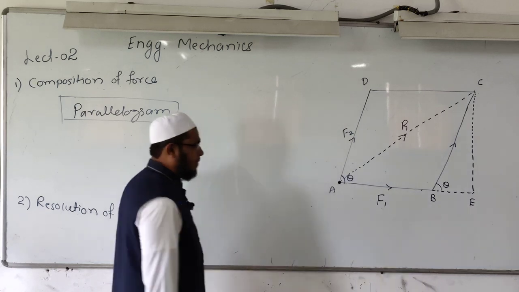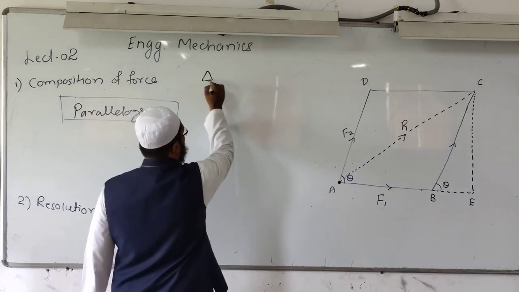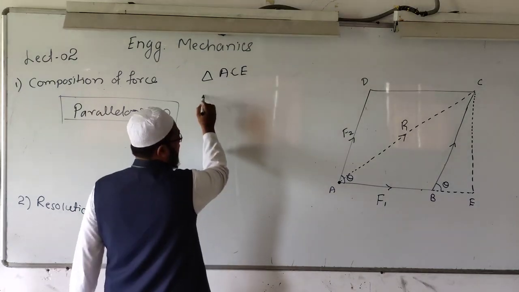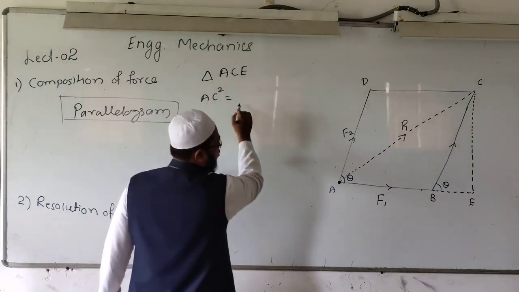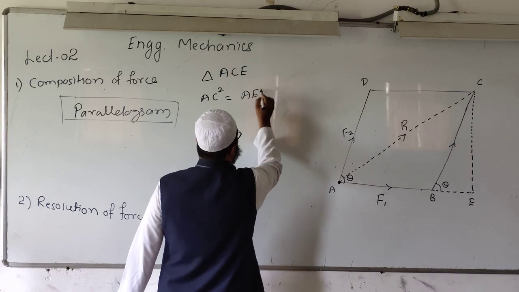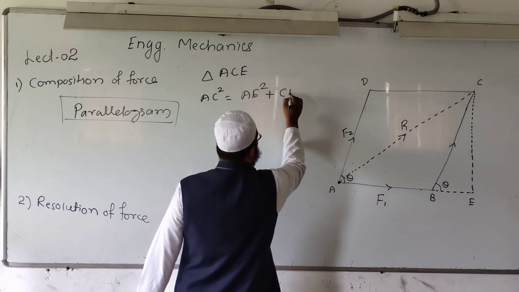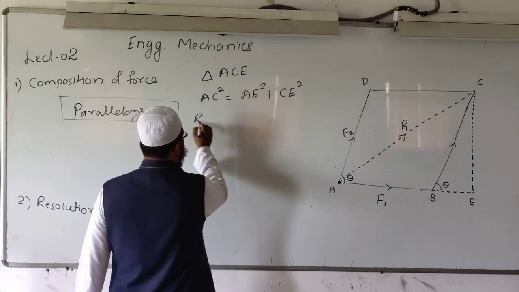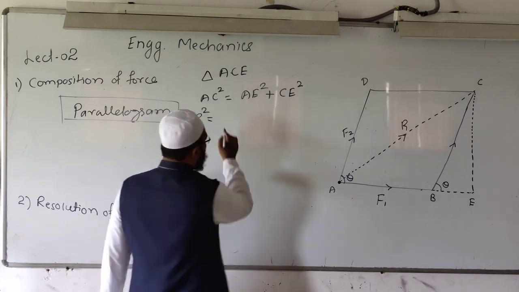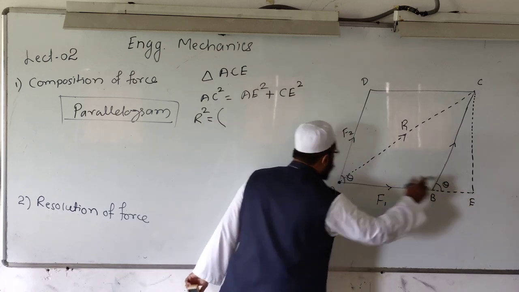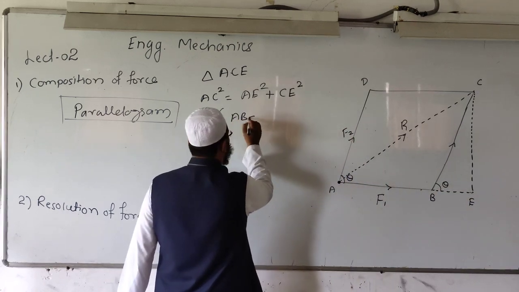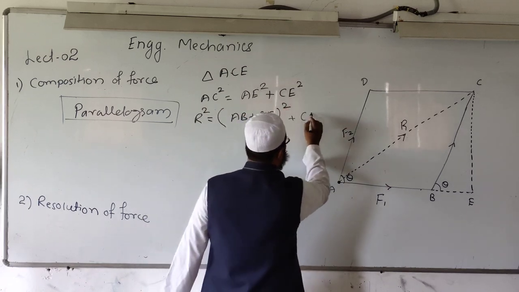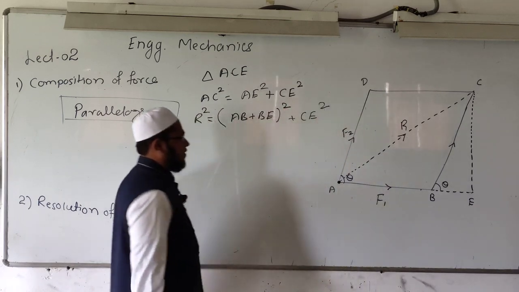I will apply the Pythagoras theorem in triangle ACE. AC square equals AE square plus CE square. Now AC square means R square. AE square, it is the addition of AB and BE. Therefore I will write (AB plus BE) square plus CE square.